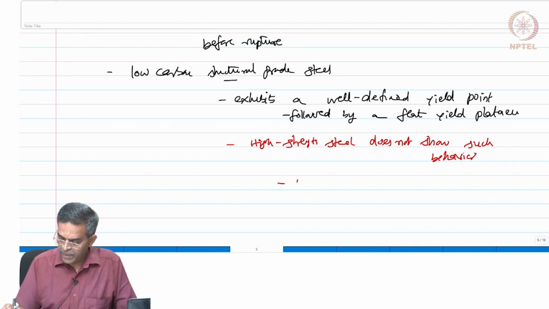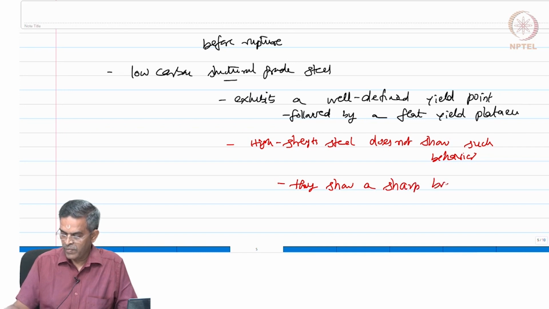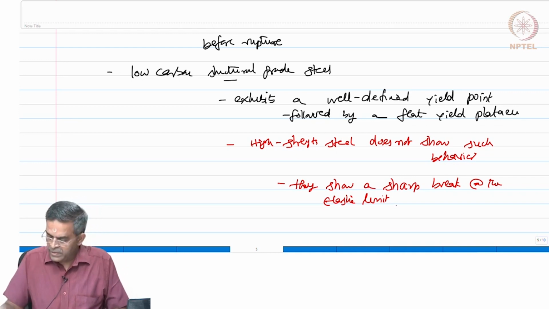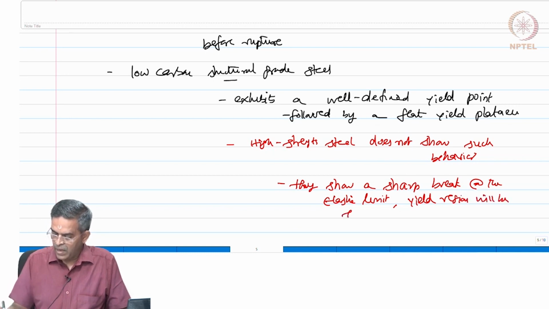They show a sharp break at the elastic limit, and the yield region will be highly nonlinear.